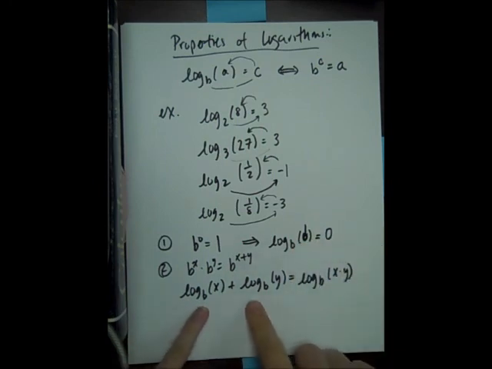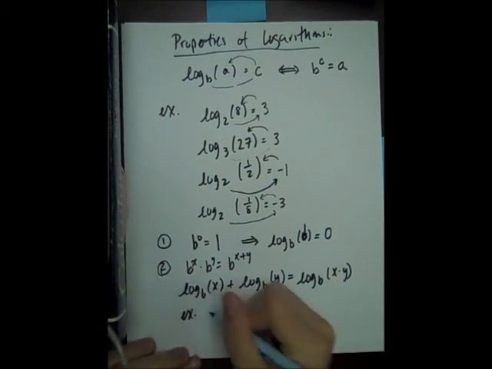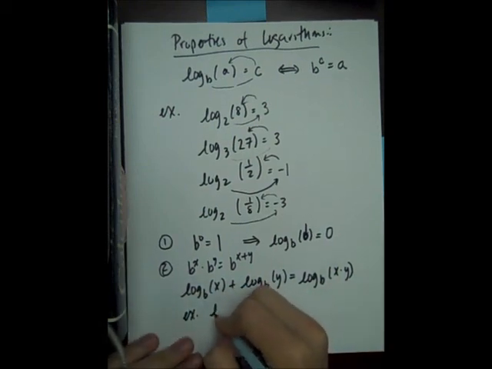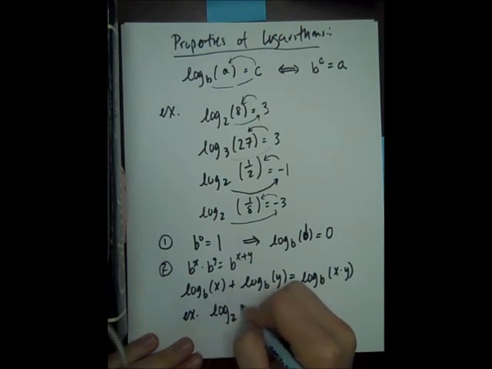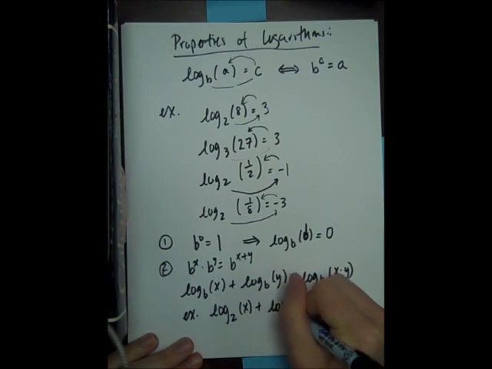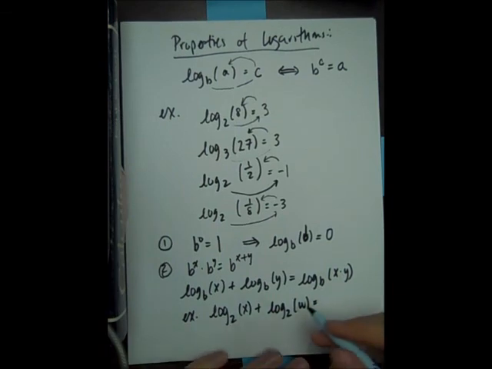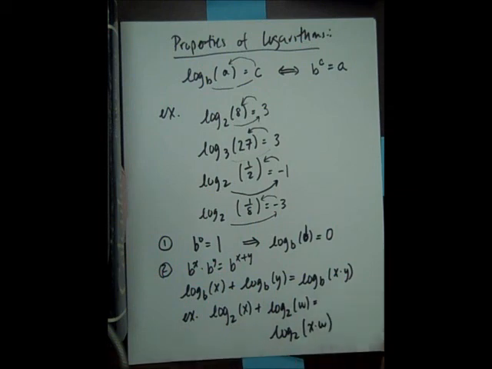So if you have two logarithms where they have the same base, you can combine them by multiplying on the inside. So for example, could I simplify log base 2 of x plus log base 2 of w? Well, these have the same base, so yes, I can simplify these to be log base 2 of x times w.